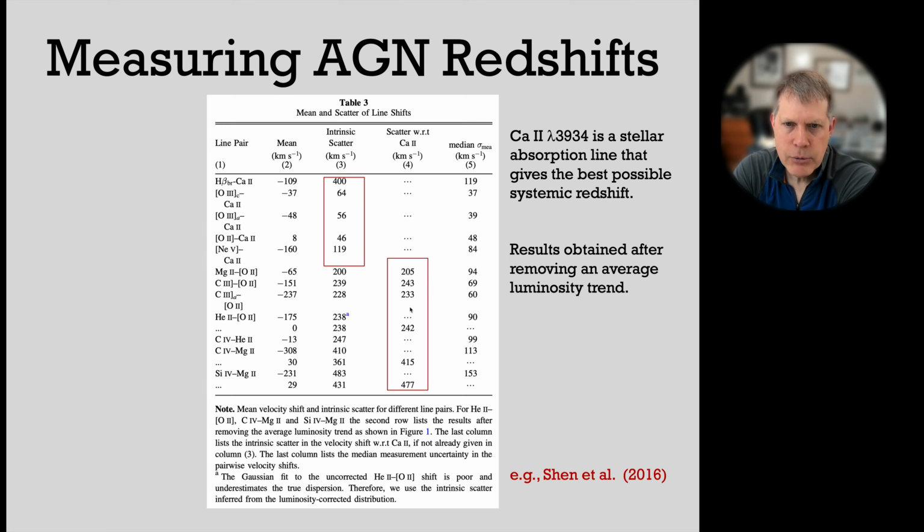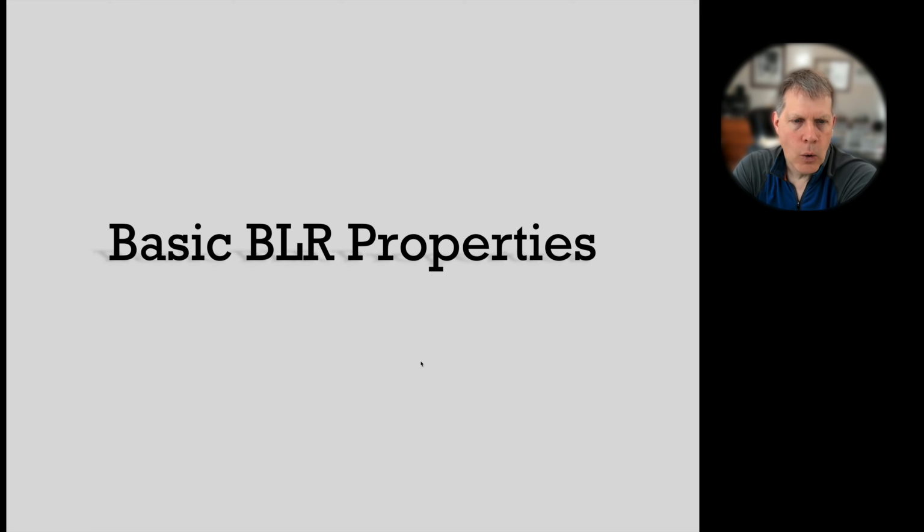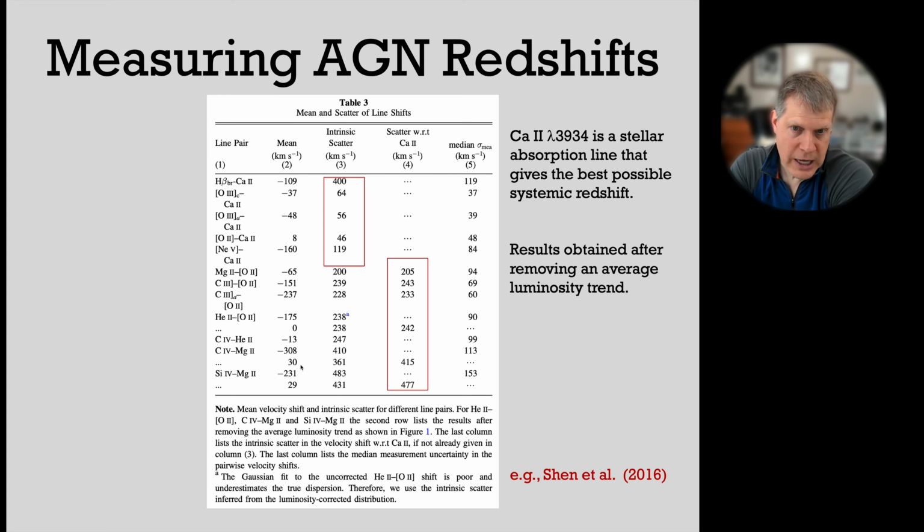And you can see with these lines, even after removing known luminosity-dependent trends, you can typically only get redshifts to within a couple hundred, or for example, for carbon-4, even much worse still, in this case around 400, or for silicon-4 only around 500 kilometers per second. And so that's the quality of the redshifts that you can get from reasonably high quality spectra.